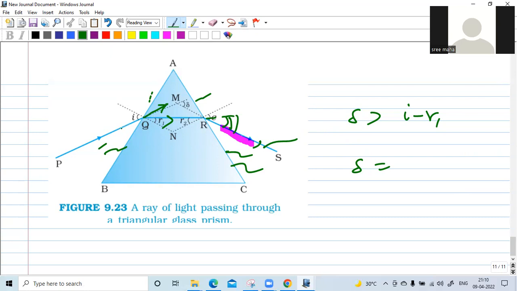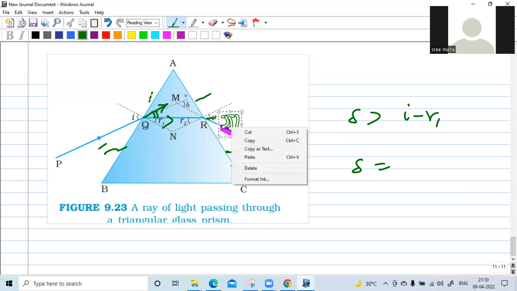Q1 is the normal. So the light would have gone straight like this, but because of this interface it has deviated. This is the amount of deflection. But at the second interface it is deflected again, so this is the second deflection.